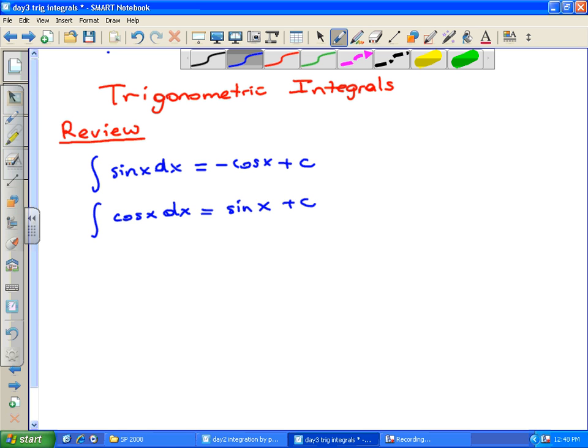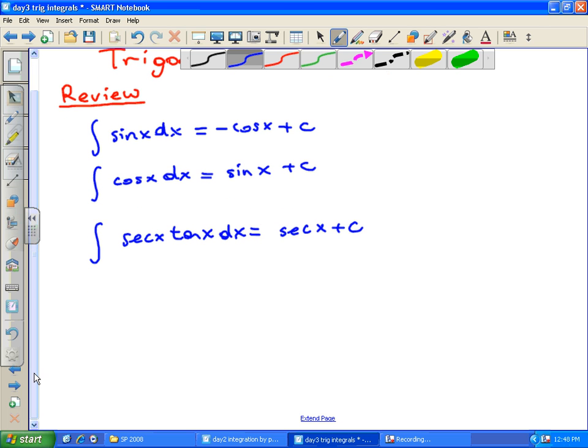Then we've also reviewed in the past things like the integral of secant x tangent x. What do we know about this integral? Secant x, because earlier we had seen the derivative of secant was secant tangent, right? We also reviewed on the first day the integral of tangent x. Does anybody remember the answer?